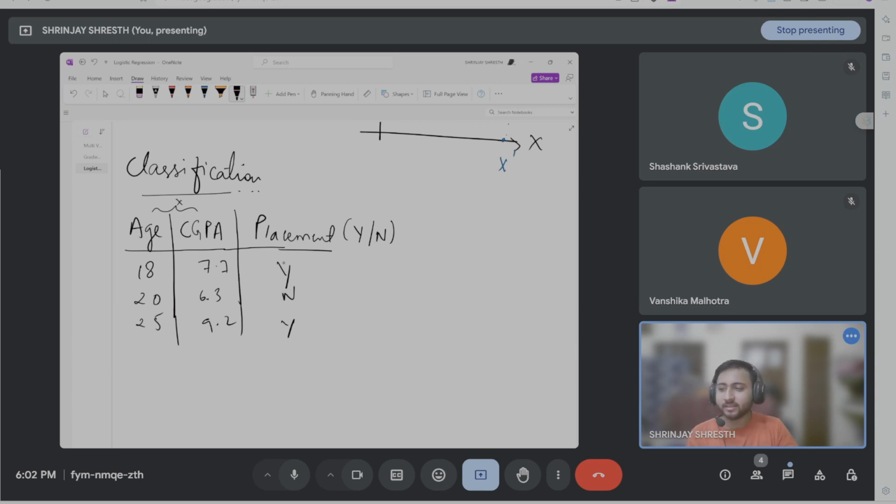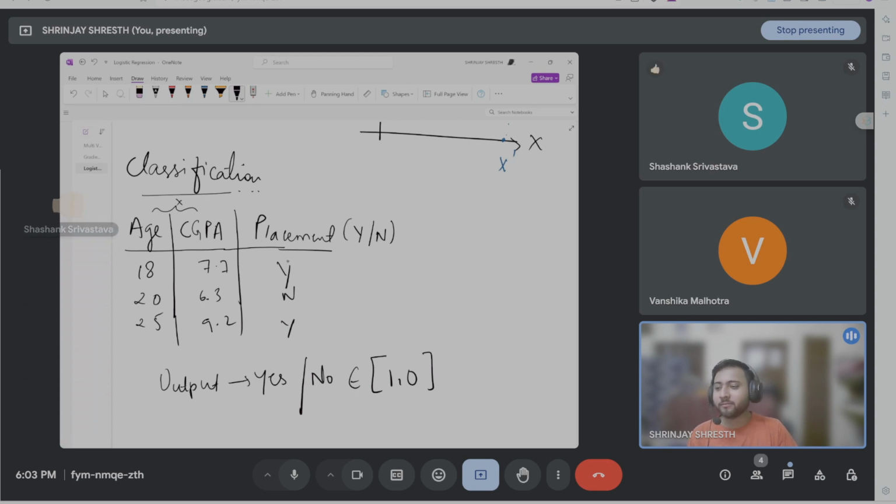See, if I talk about this specific one, what are the two different outputs जो यहाँ possible है इस problem के लिए? What are the two different outputs? Yes or no? Output can be either a yes, right, या no. So if I talk about mathematically, can I say that this is either 1 or 0? 1 if it is true, 0 if it is false.